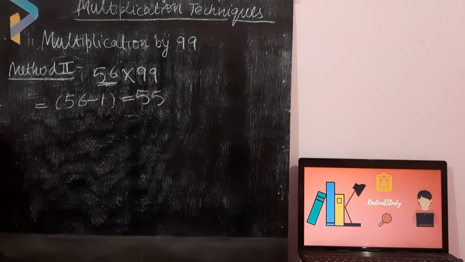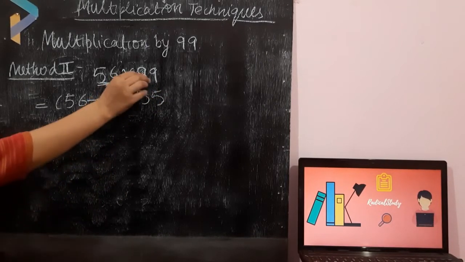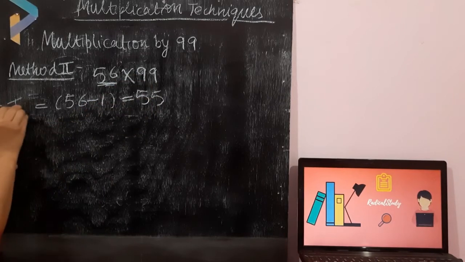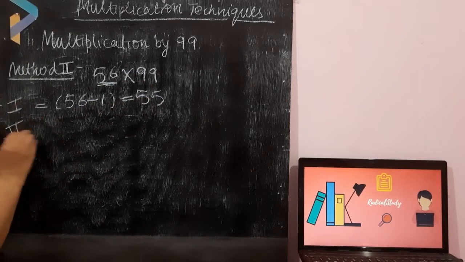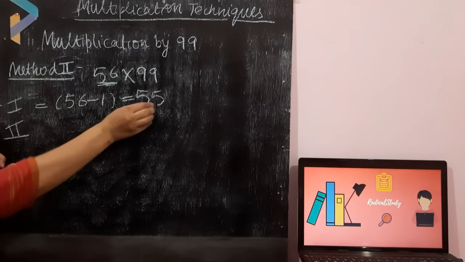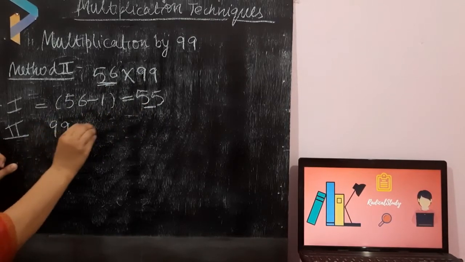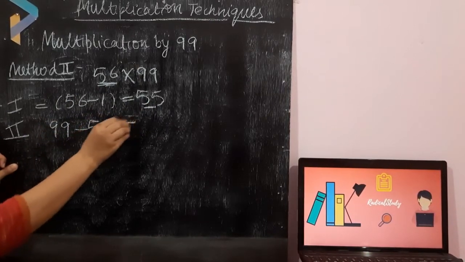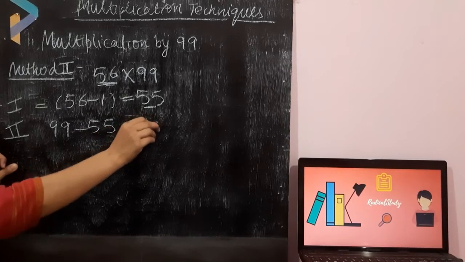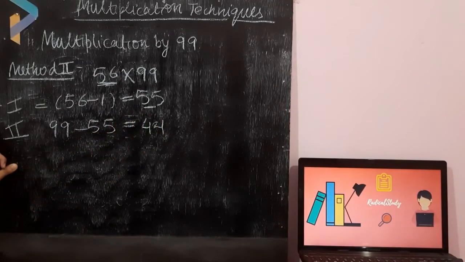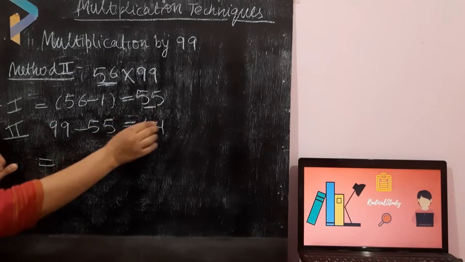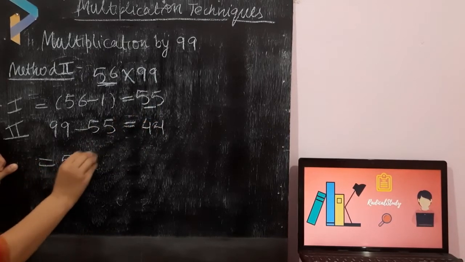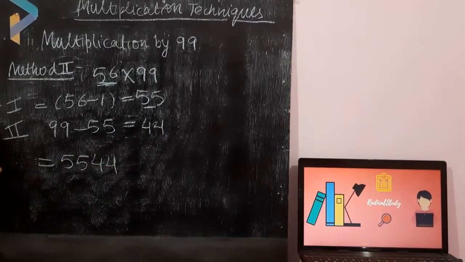Now the second step: subtract this result from 99. So 99 minus 55 will be 44. Now what is the answer students? You have to join these two. 5544.